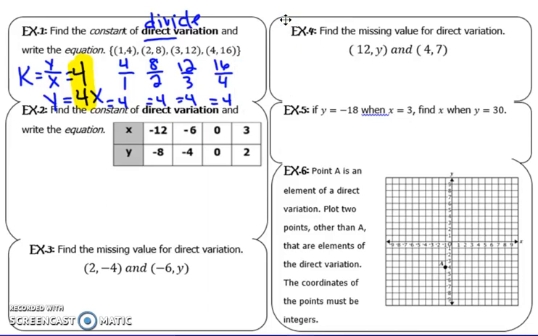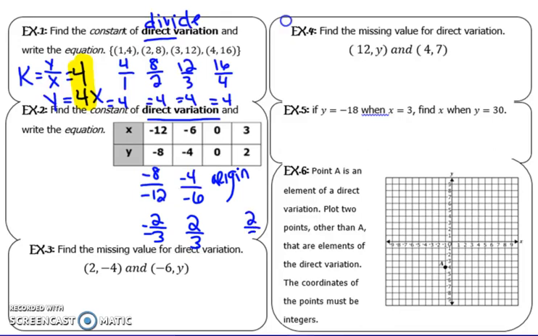If we look at example 2, again, we still want to find the constant of the direct variation, which means we're going to divide. I have negative 8 over negative 12, which is equal to 2/3. If I do negative 4 over negative 6, it's equal to 2/3. 0, 0 is my origin, so we know that works.